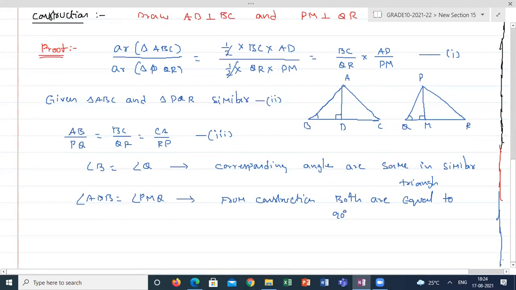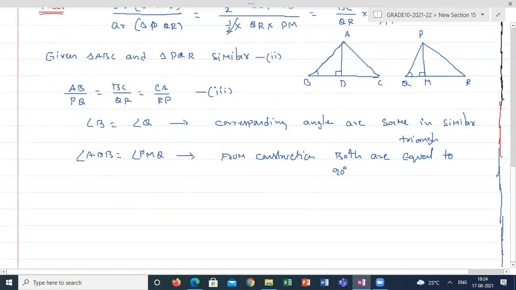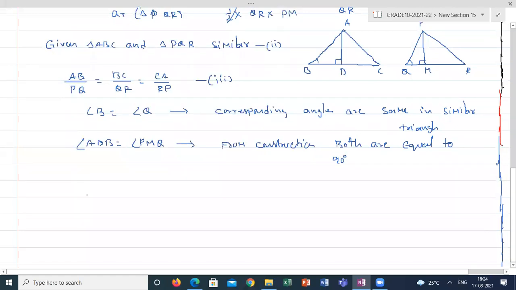From this, what can I write? If two angles of two triangles are equal, I can say triangle ADB is similar to triangle PMQ. A criterion of similarity. Will everyone accept this one? Understand, guys, how I proved ABD and PMQ are similar?